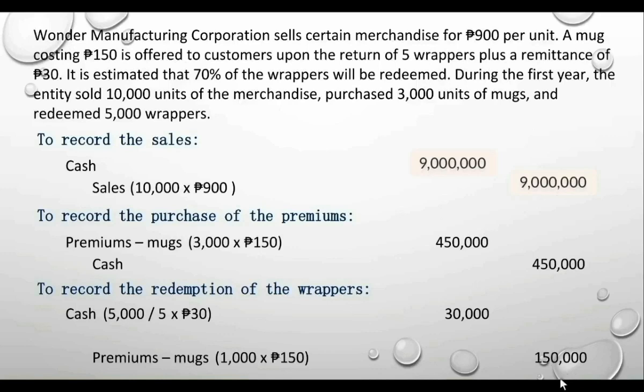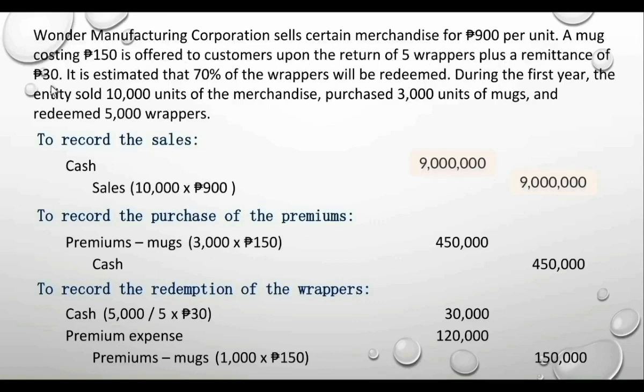Notice that our total debit is not yet equal to the total credit. We must have a balancing figure here amounting to 120,000 to be debited to premium expense. The unit cost of a mug is 150 pesos, but the entity receives 30 pesos cash from every mug given to a customer.